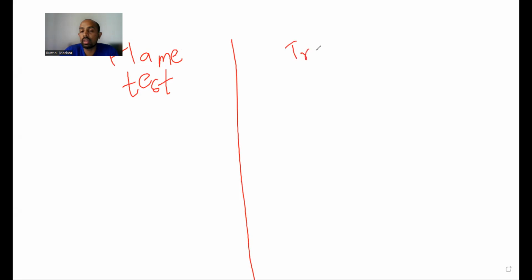So let's say flame test. Don't get jumbled with that, because some of you are doing unit 1, I mean the AS, no? So you will be getting some confusion with these transition metal colors.